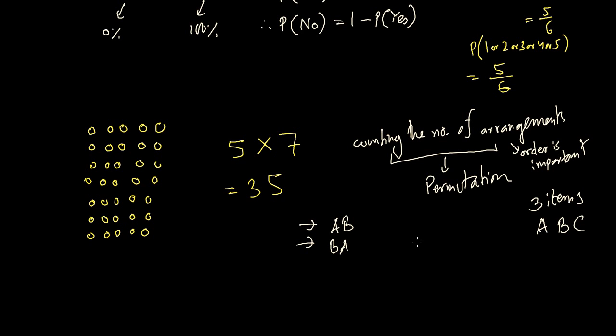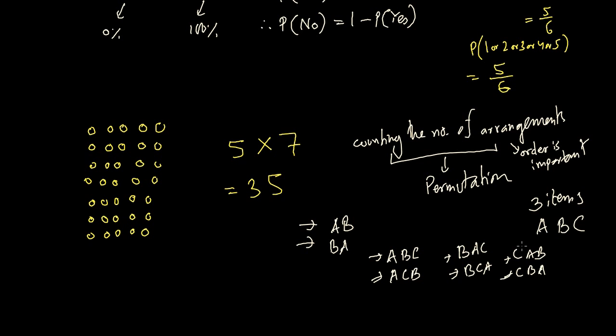Of course you can do it by just the old-fashioned counting. One way is having A in front, then we have BC, and then we have CB. So there are 2 ways. Then have B in front, then write AC, and then write CA, 2 more ways, so 4 ways. Then you can write C in front and write AB, and you can write BA. So we have 2 more ways, so 1 2 3 4 5 6.